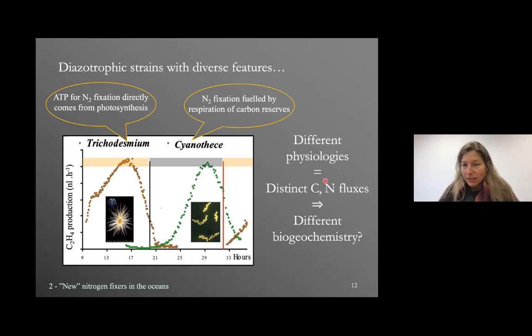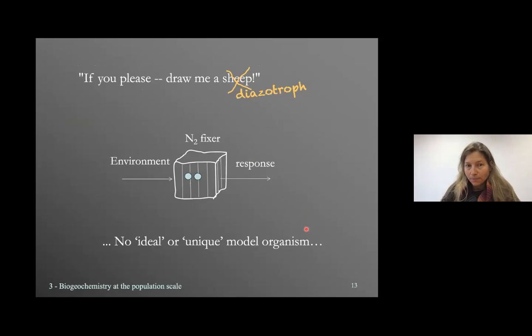So if they have different physiologies with different carbon and nitrogen fluxes, does it mean different consequences in terms of biogeochemistry at the large scale? Well, probably yes.